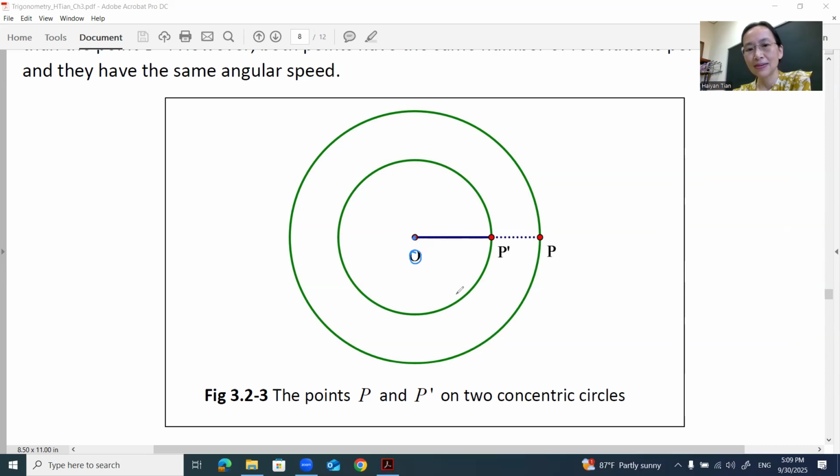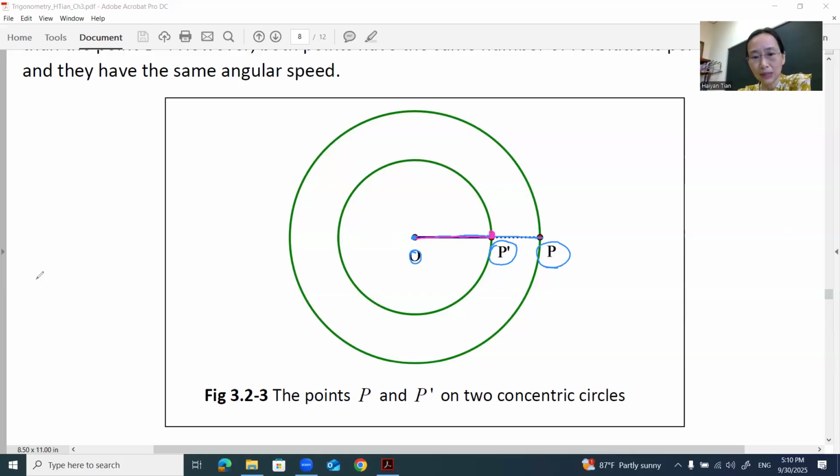You can see there's an inner circle and an outer circle. On the outer circle, we pick a point and call it P. And we link the center and P. And then we get this radius of the outer circle, and at the intersection there's a P prime. OP prime will be the radius of the inner circle. So you see P prime is a point on this line segment.